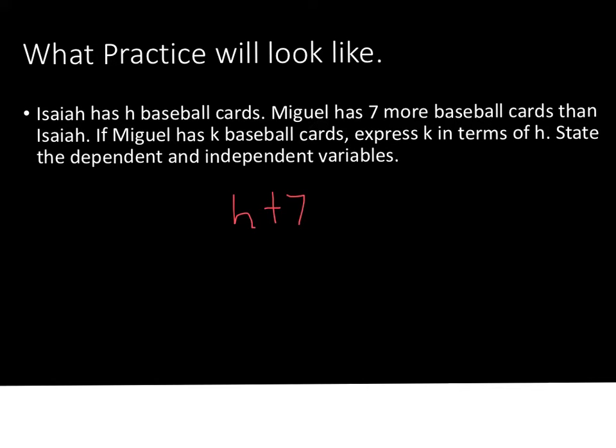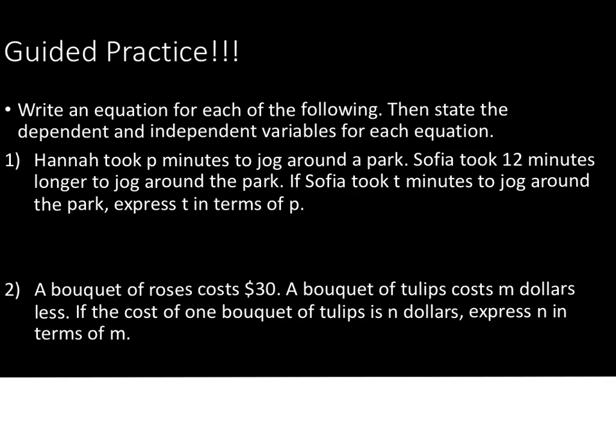And we've already said that Miguel also has K baseball cards, so H plus 7 is equal to K. So now I have K equals H plus 7. Now I have to figure out the dependent and the independent variables. In this case, H is my independent variable, and K is my dependent variable, because the value of K depends on whatever H is.